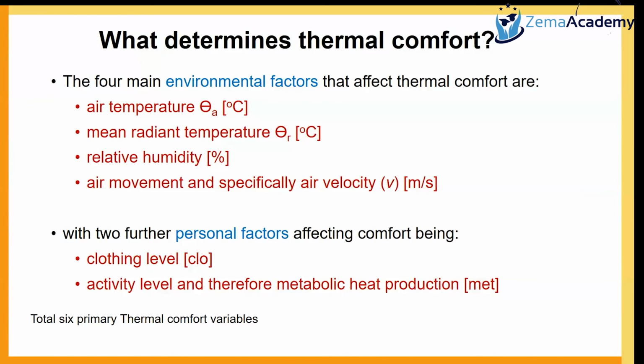However, a person who is sitting and not doing much activity might be feeling comfortable in that environment. Or somebody who's sitting next to the window may feel cold during winter or may feel quite warm during summer. So all these factors play a very important role in defining thermal comfort. So these 4 plus 2 are the 6 primary thermal comfort variables.